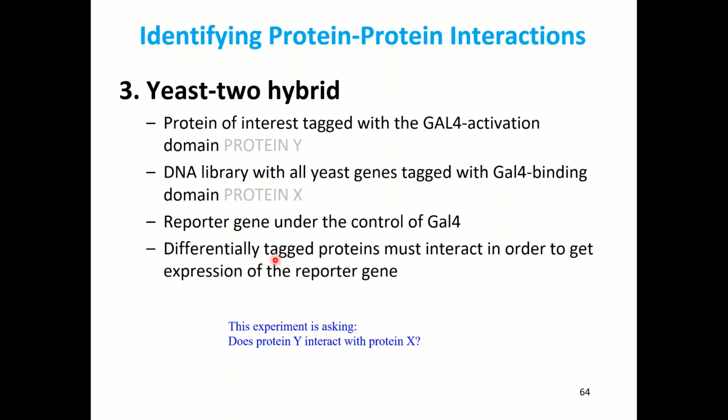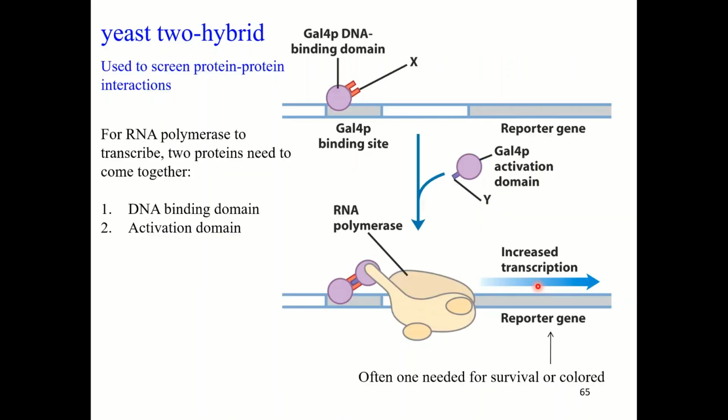Differently tagged proteins must interact in order to get expression of the reporter gene. So whatever gene you have as your reporter that's under the control of Gal4, to get that, you have to have your protein Y and protein X interacting. Right, so this experiment's asking, does protein Y interact with protein X?